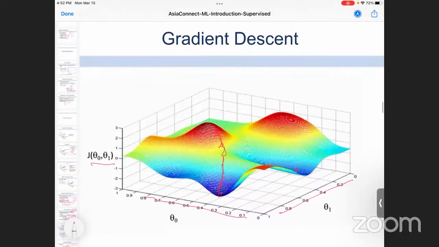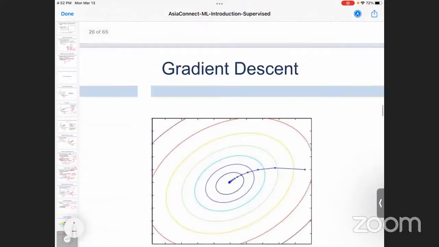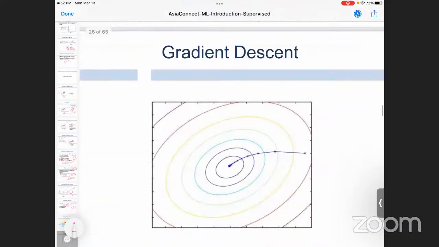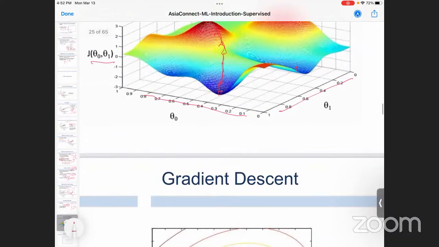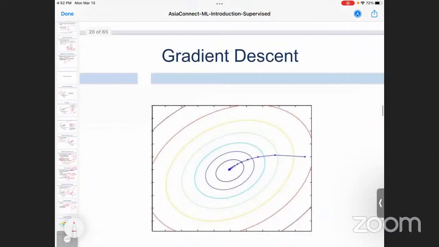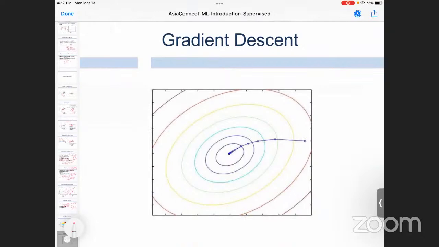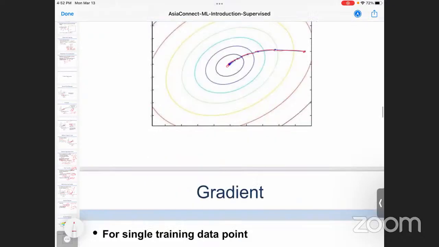Okay. This is the same example. This is like a contour representation. If this is a two-dimensional curve, we can draw the contour of this. And you can see that from here we can start and then move towards the minimum. So this is how gradient descent works.